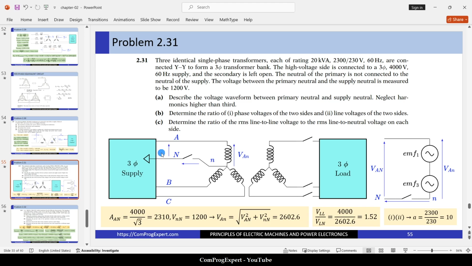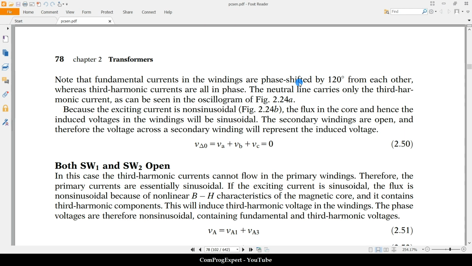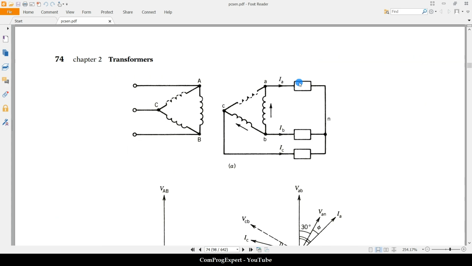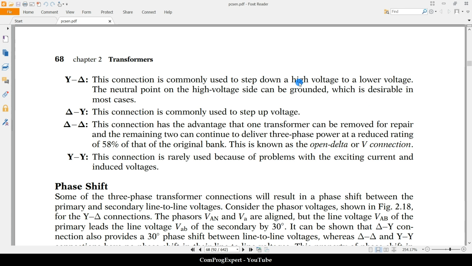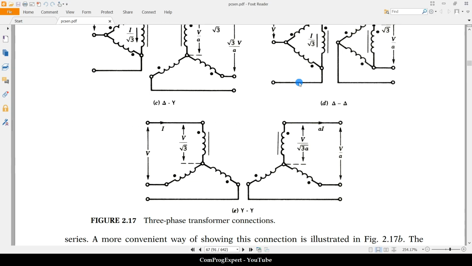What about the line to line? The ratio of line to line voltage, the RMS values, is again equal to 10. So you can investigate that for this star-star connection. Okay, so if you check the figure, I think 25, we have these four combinations.